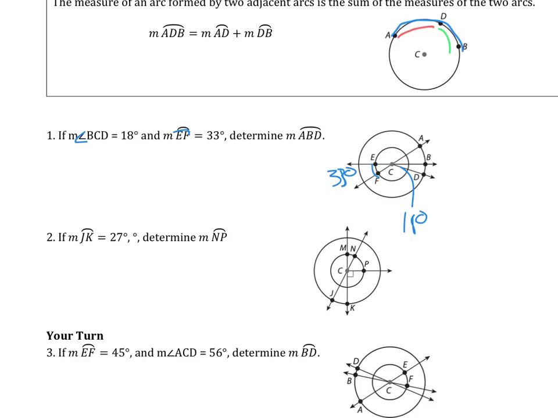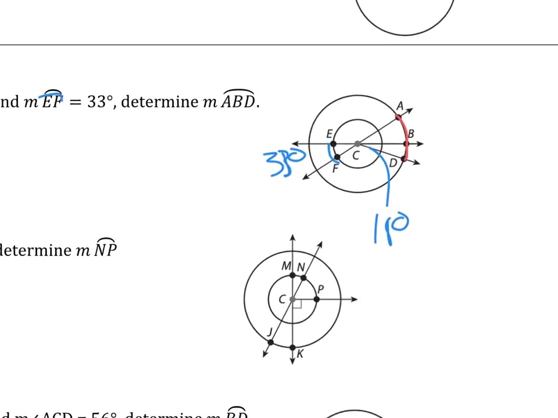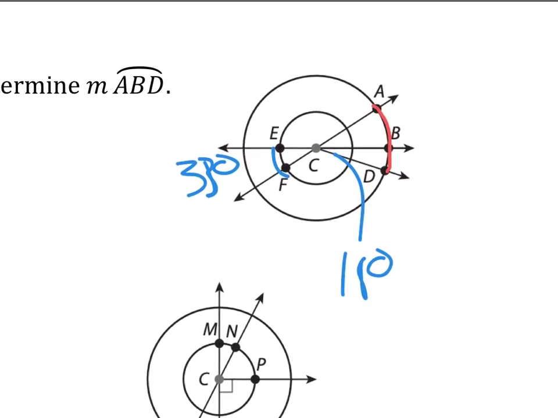We want to find ABD. Now there's a couple things that we can do here. So we know part of ADB, that's this here, because there's our central angle. And so our corresponding arc is the same, so that's 18 degrees. So we just need to find AB.